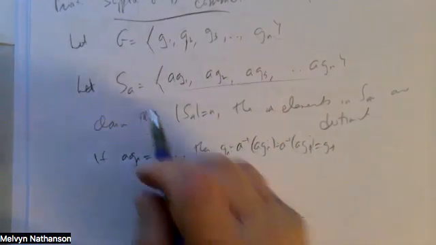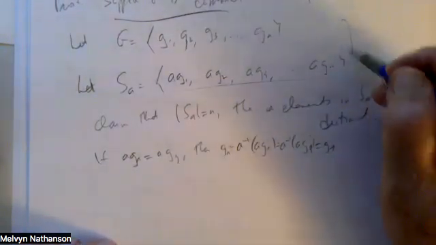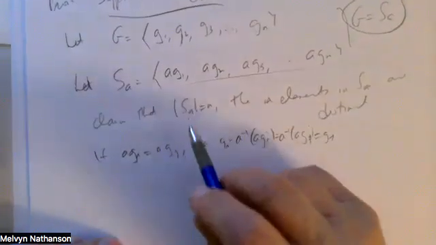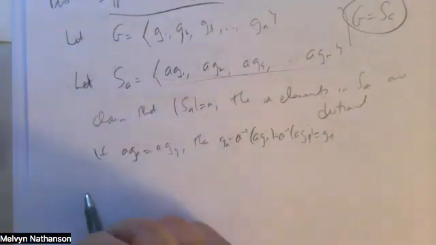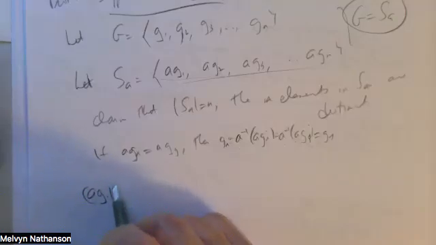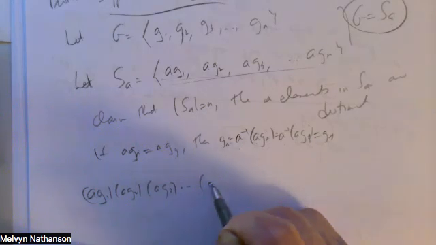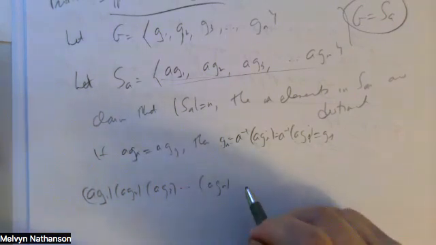But there are only n elements in the group. So the set G has to be equal to the set S of a. So if I multiply together all the elements in S of a, ag1, ag2, ag3, up to agn, this is just the elements of the group in some order. If the group's abelian, the order you multiply in doesn't matter.